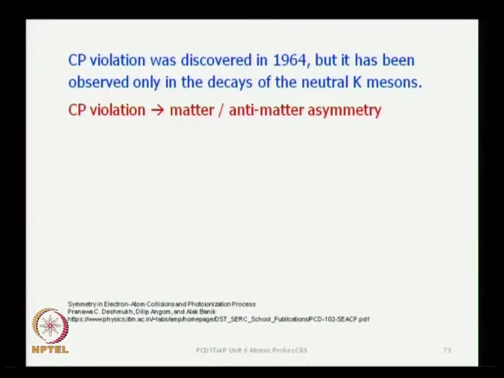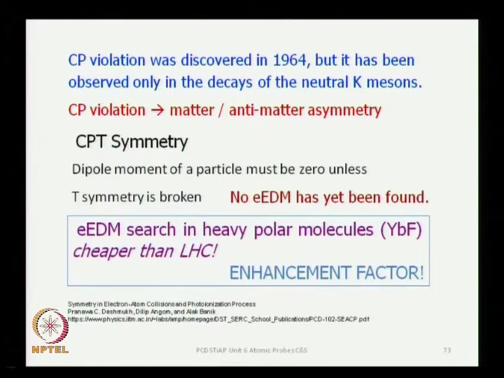Okay. And if it is violated in atomic physics, where will you find it? You will find that electrons have a certain dipole moment. So you can look for the dipole moment, and if you find it, it would be evidence of the breakdown of the T symmetry, and that would be wonderful.